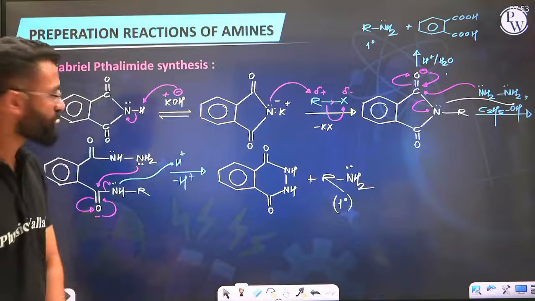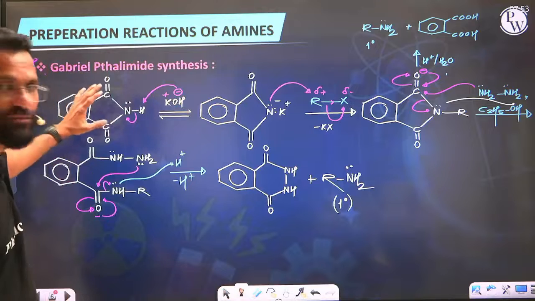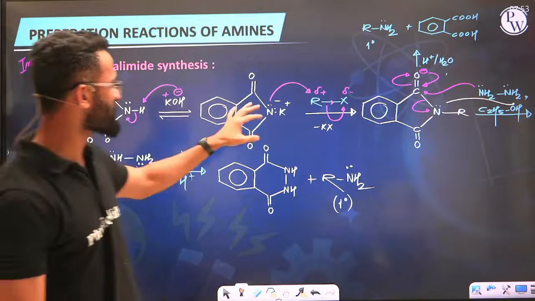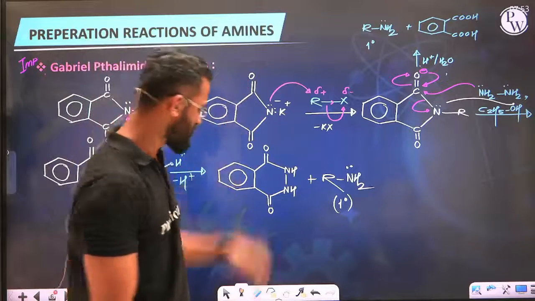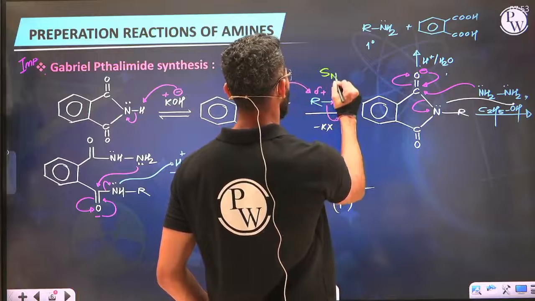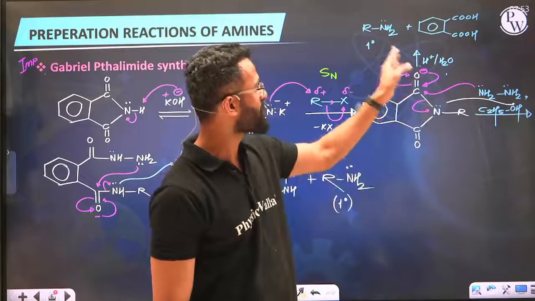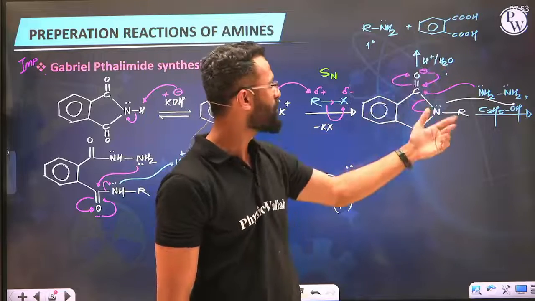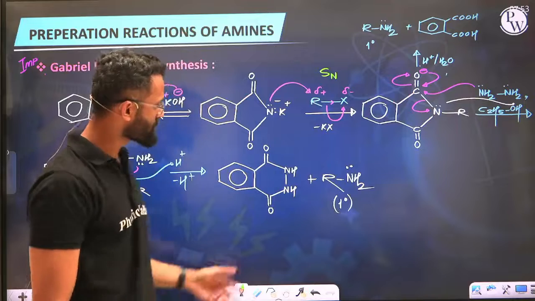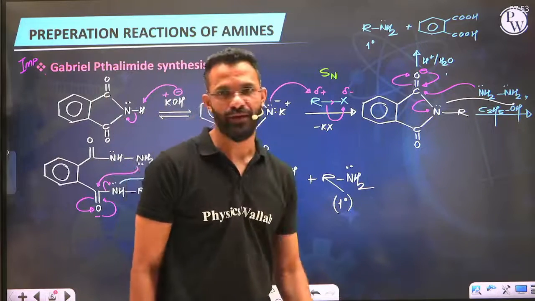What we have understood over here: look here again, we had phthalimide, which we treated with the base. Because this H was acidic, we got the potassium salt of phthalimide, which underwent a nucleophilic substitution reaction that resulted in N-alkyl phthalimide, which on hydrolysis gives you primary amine and phthalic acid, or it can be subjected to reaction with hydrazine that produces phthalazine 1,4-dione along with the desired product, primary amine.